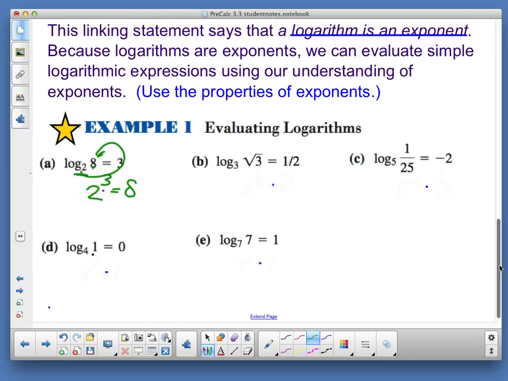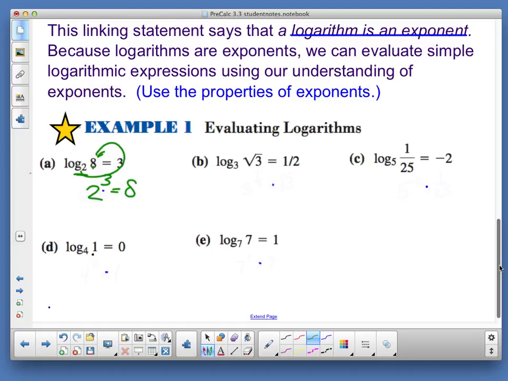Really, a log to whatever base is asking me to return the value of the exponent that I will have that base at to receive that number. If you keep that in mind as you go through this, it makes it a little easier. You have a pretty good numeric estimation in your head of what that value should be.